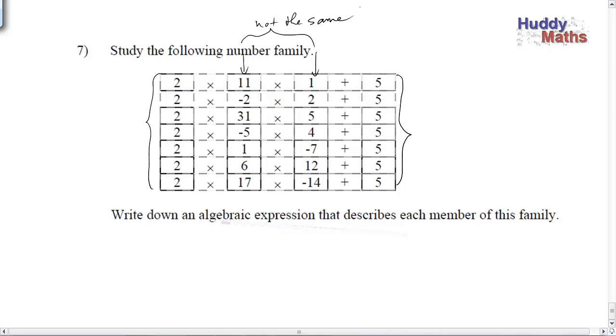What do you reckon you could do? Okay, well, we usually let something varying be x. So it's 2x times by, oh, there's something else varying. Oh, we could use y maybe. And then add 5. And we don't need the times sign we said before, so we could write 2xy plus 5.